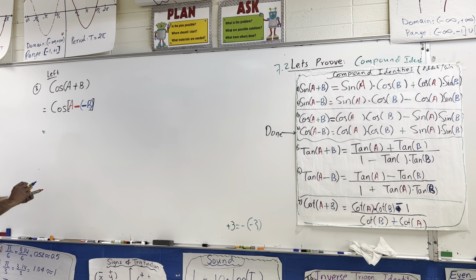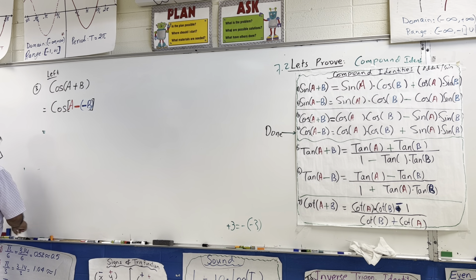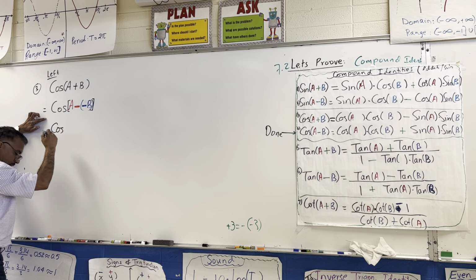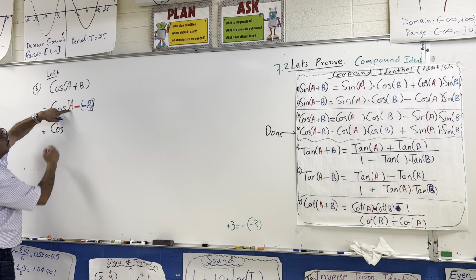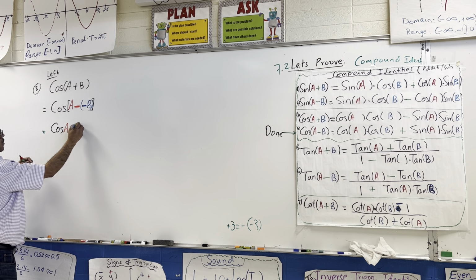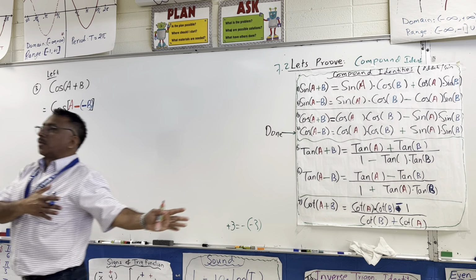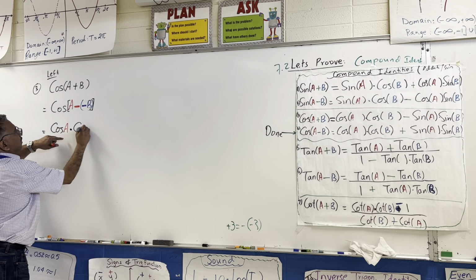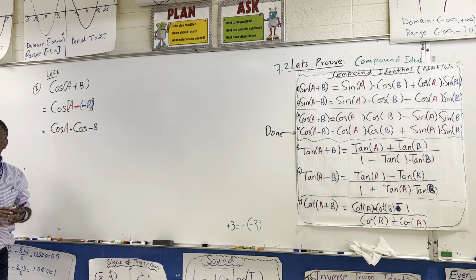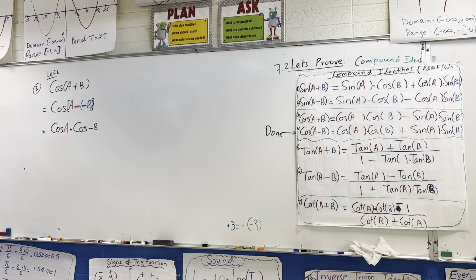So where did it come from, tell me quickly. What should I write? You could do cosine A, okay, minus. So cosine of A, what does A mean? The red one, right? Then times cosine of negative B. Negative B, I'm going to use. Is that okay? Please don't copy right now, just focus on this side, okay?